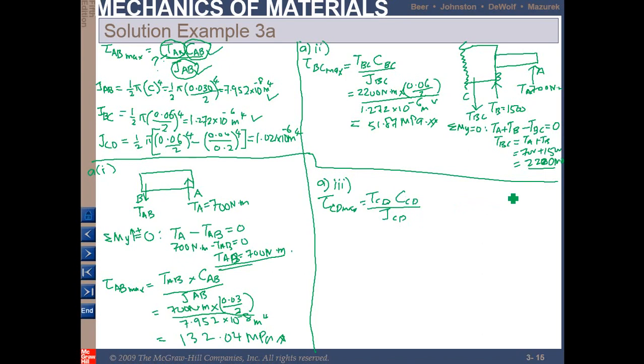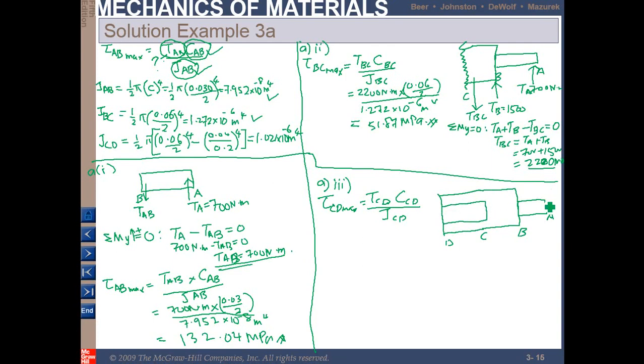So for torque CD, you can draw the free body diagram. This is AB, this is BC, and BC and CD are connected. So let's say this is A, this is B, this is C, and this is D. However, here from D to C, it is hollow.